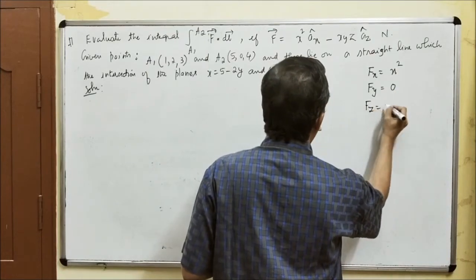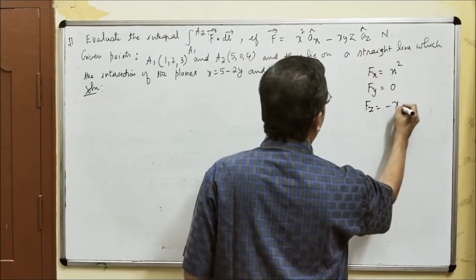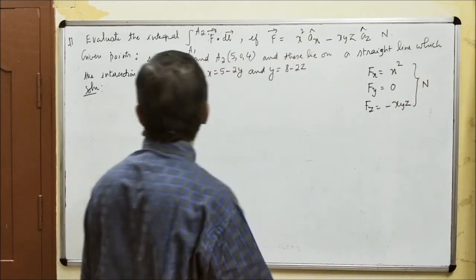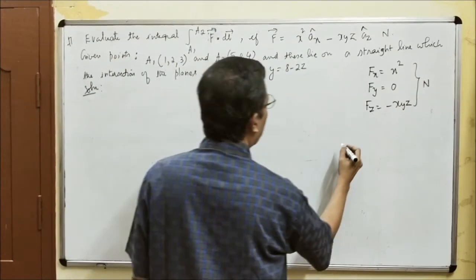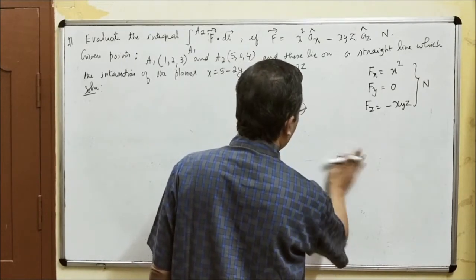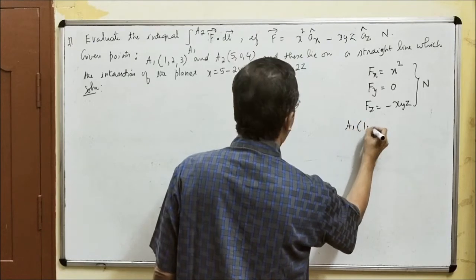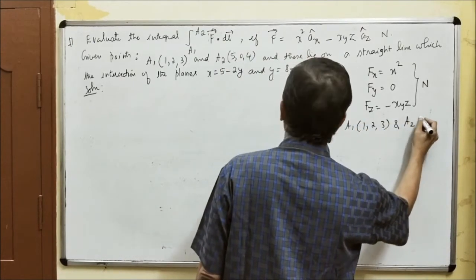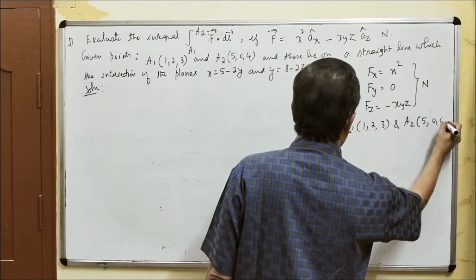What is Fz? Fz is the coefficient of a_z cap, minus xyz. All these are in newtons. I list down the points. Points are A1 (1, 2, 3) and A2 (5, 0, 4).